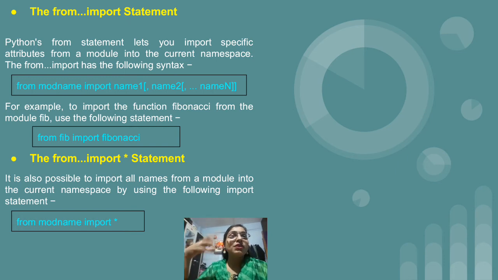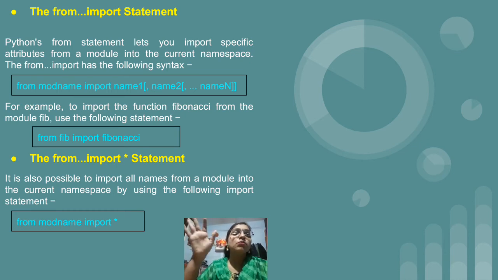And there is one more way of using the from import statement, just see the example or syntax. We have written the from keyword, after that the name of the module, then we use the import keyword, and after the import keyword we just put an asterisk, that is the star symbol. So basically if you want to import all the functions, all the methods present in the module, then you can write this statement.